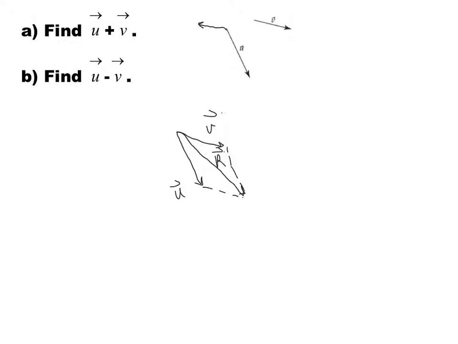Now again, they are in tail-to-tail position. To find the resultant, we are going to form the parallelogram here, and then we are going to draw the diagonal. So the resultant is going to be this vector.